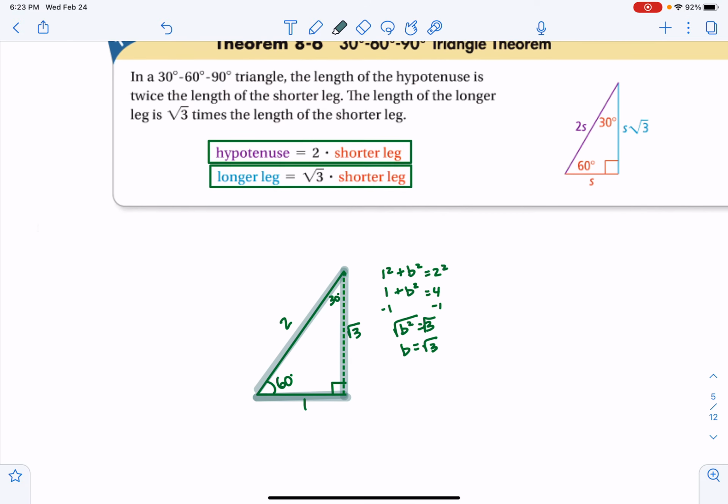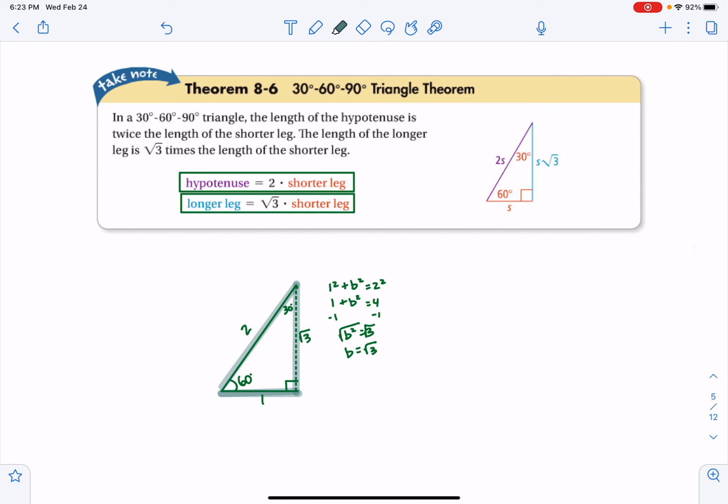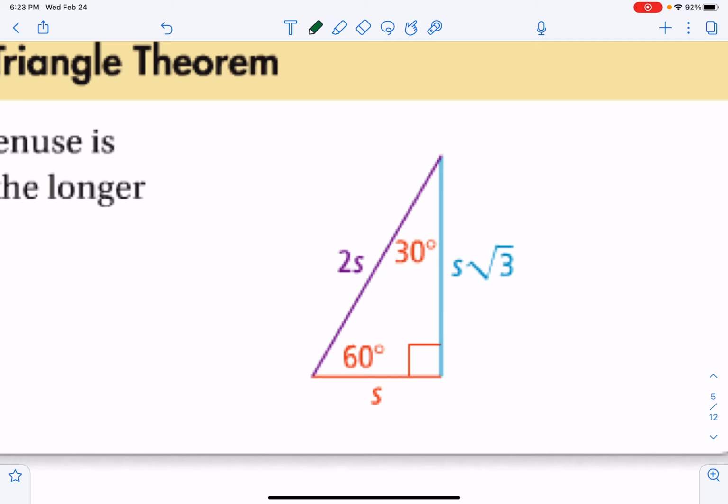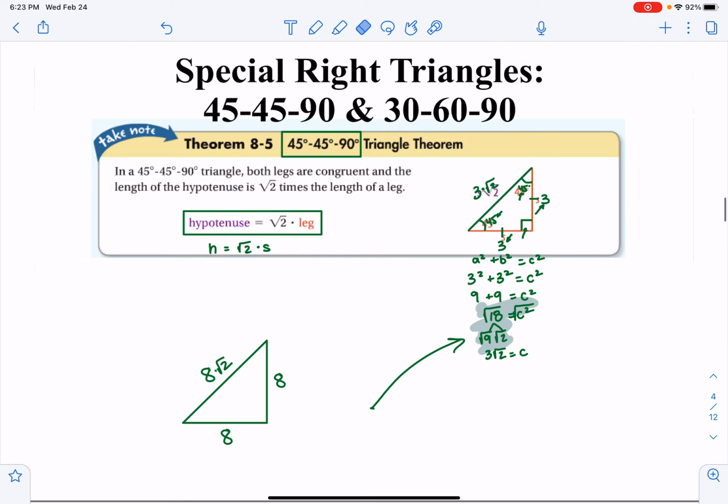So I just wanted you guys to kind of see where these shortcut rules came from. So when you have an equilateral triangle, and you just cut half of it off, you're just looking at the left side or the right side. And then when you have an isosceles triangle.